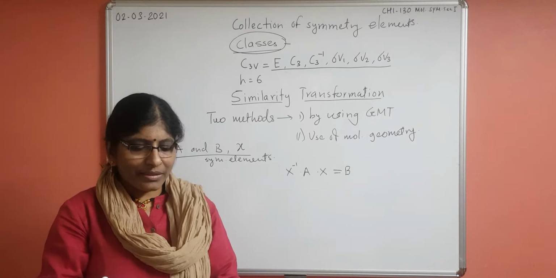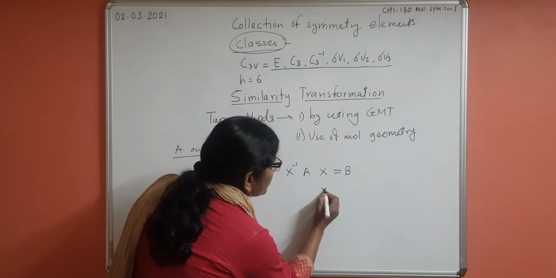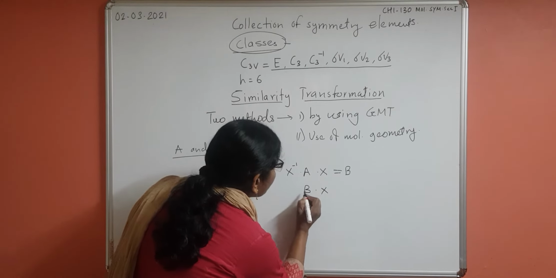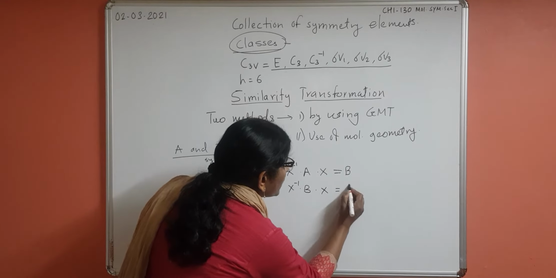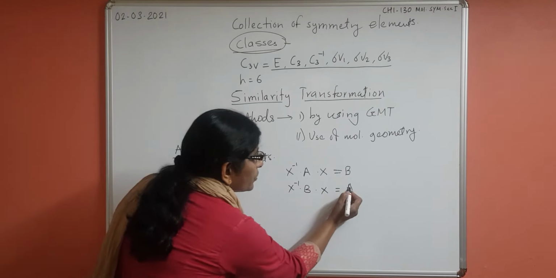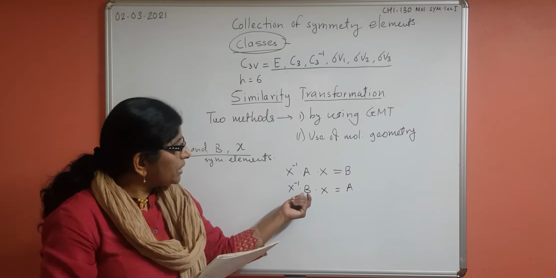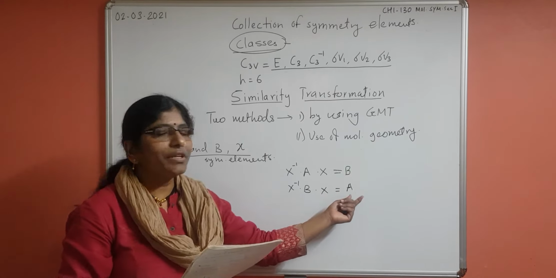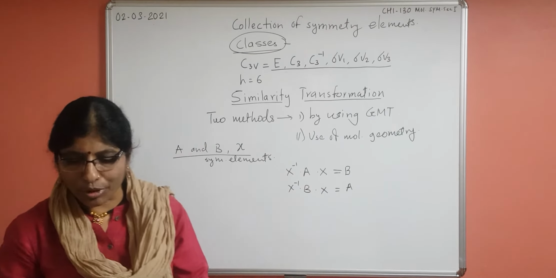When this relation is satisfied for A and B, I mean if I now write the similarity transformation of B by X, the same equation will be there, but the resultant product is A. So the similarity transformation on B by X will end with A, which is again a symmetry element of that point group.